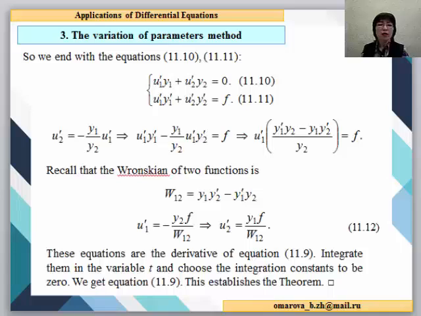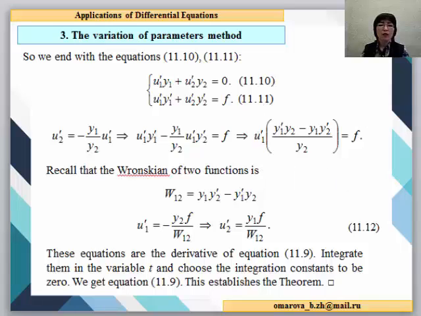So we end with equations 11.10 and 11.11 in the following algebraic system for the unknown functions u sub 1 and u sub 2. From the first equation 11.10, we find the first derivative of the function u sub 2 in the following form. Next, we substitute into the second equation of this system, and we find the following equation.